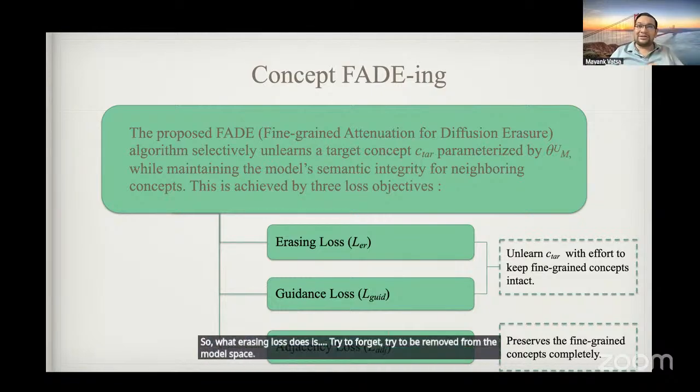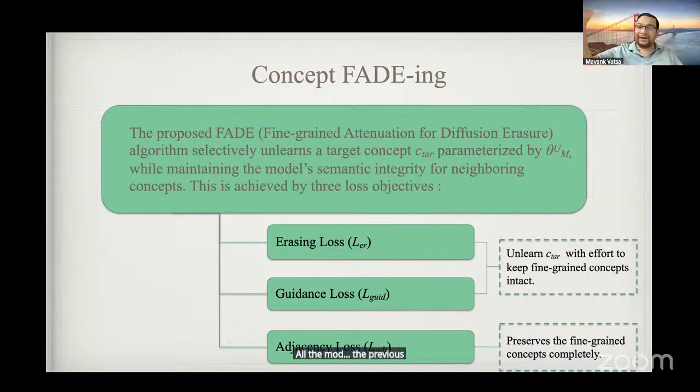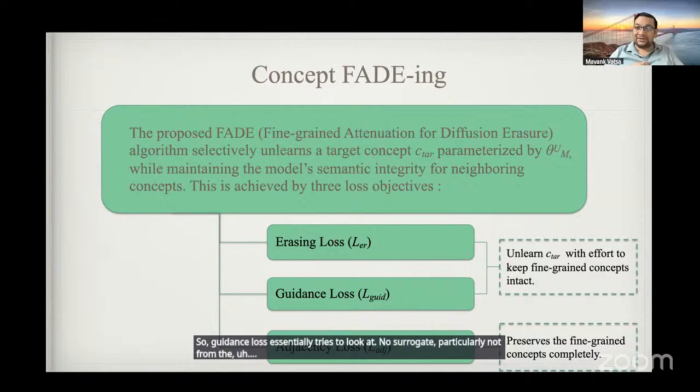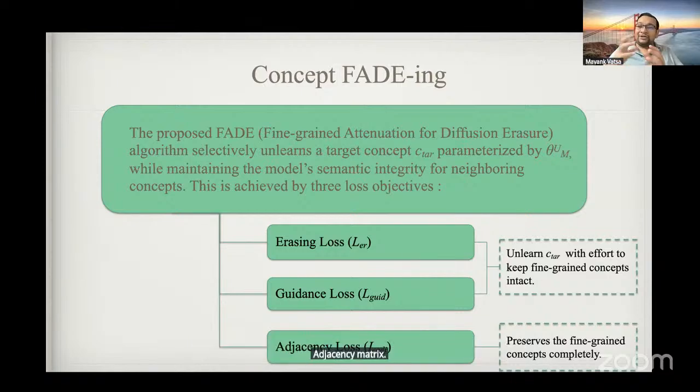The guidance loss essentially is like I mentioned earlier, right? The previous algorithms were essentially trying to find a surrogate. So the guidance loss tries to use no surrogate, particularly not from the adjacency matrix. Can we actually think of a surrogate as a null space in the model parameter space?